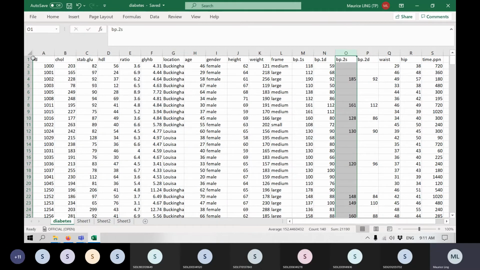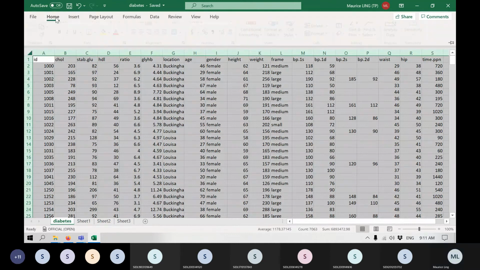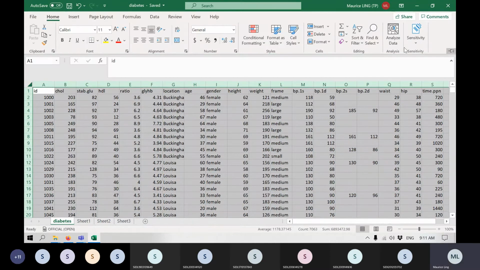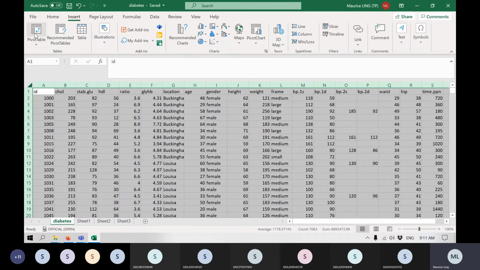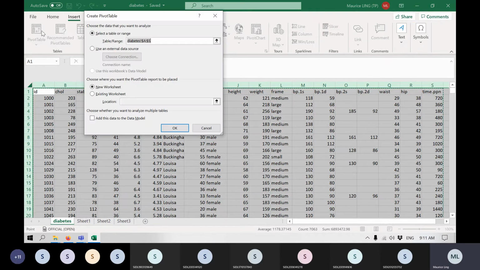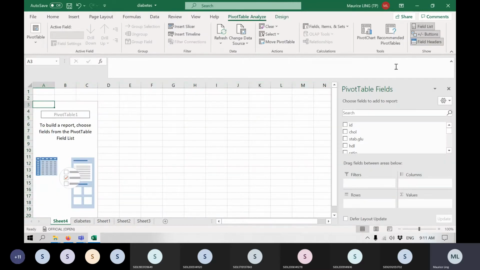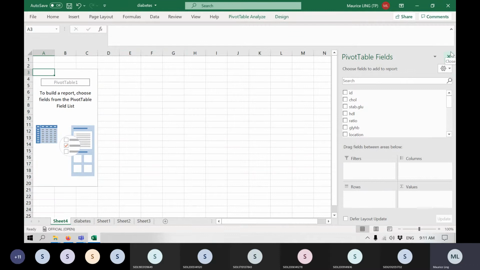So let's say we highlight the entire page. What is this thing called pivot table? It's actually quite useful. Let's say you click on insert pivot table, you select the range, you go to a new worksheet. So pivot table is for you to pull out information fast enough.